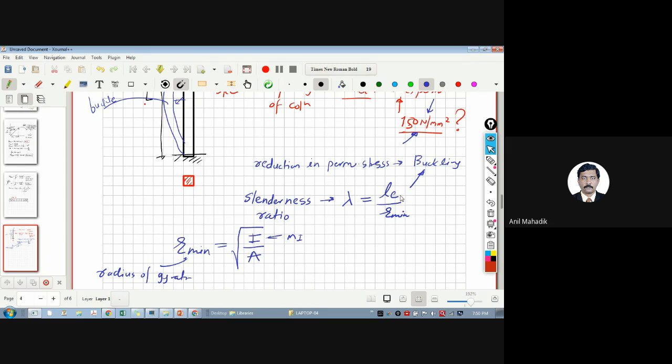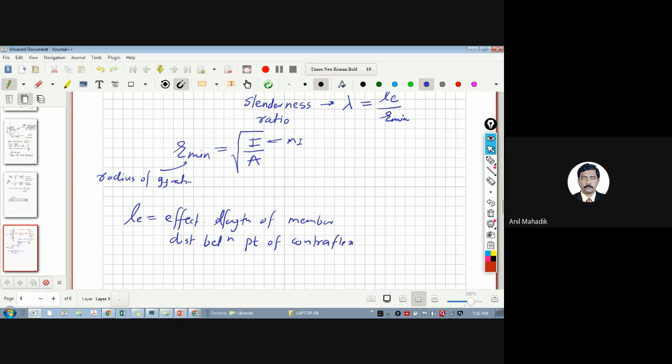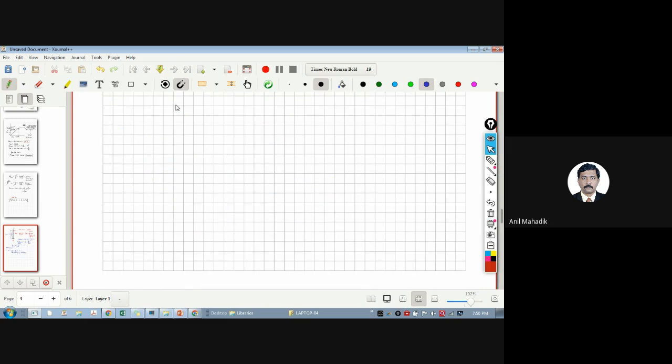And what is L effective? Effective length of member. It is related to the distance between the points of contraflexion. So let's see क्या होता है ये. समझो, we are having one column like this. For the time being, I am taking it fixed at both ends, and I am applying a compressive force on this member.